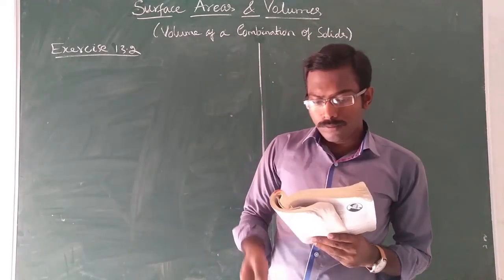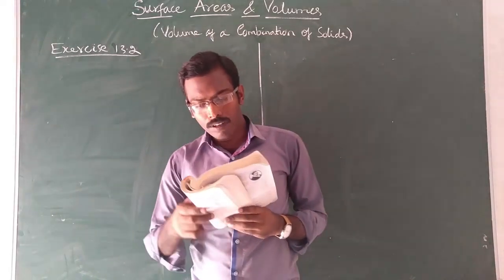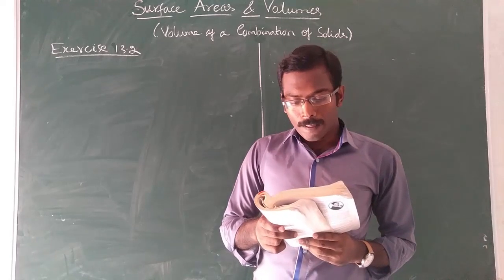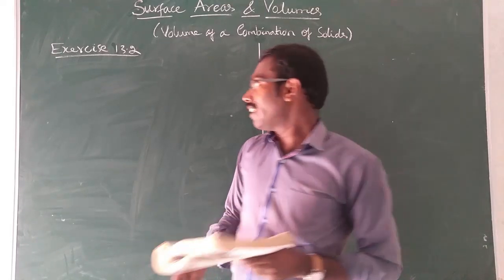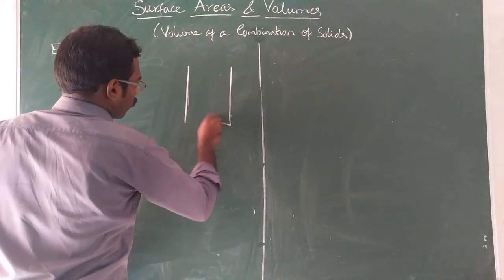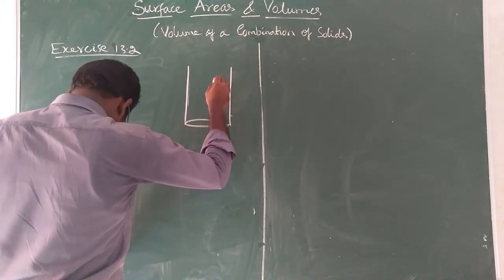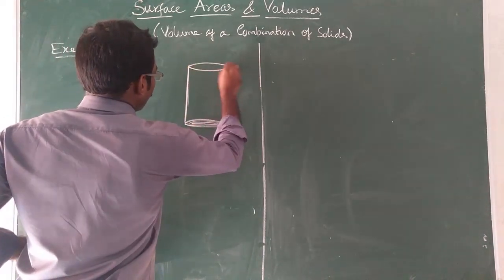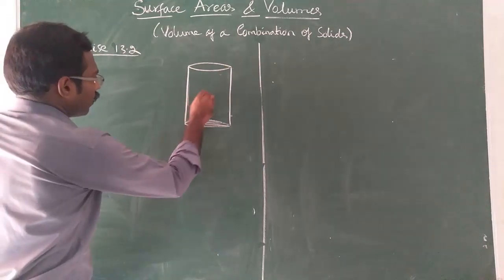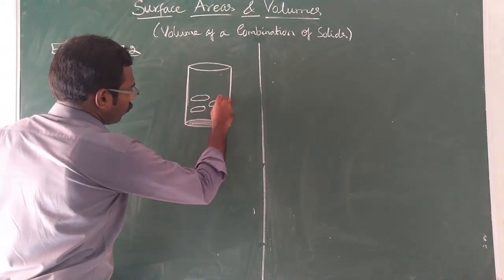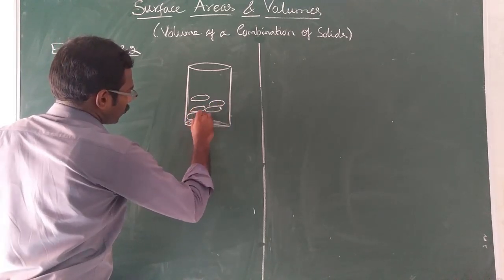A gulab jamun contains sugar syrup up to about 30% of its volume. The figure is given like this in a jar. Several gulab jamuns are given. The shape is given like this. Okay, so many gulab jamuns are present in a jar.